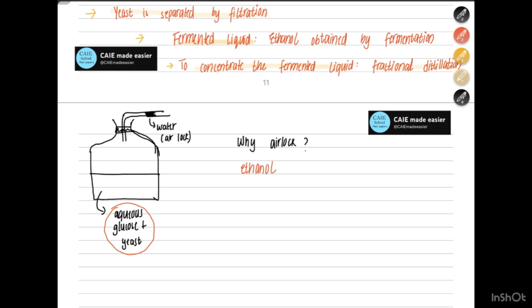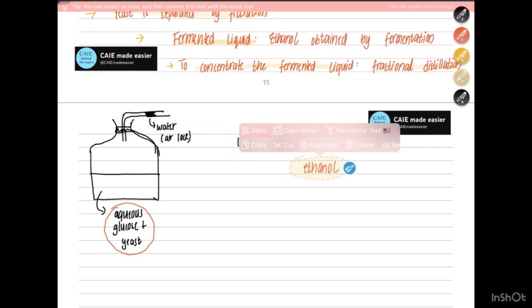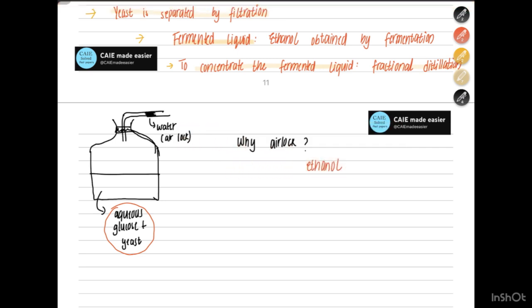To prevent oxidation of ethanol into ethanoic acid, we provide the airlock. So that's the first point.